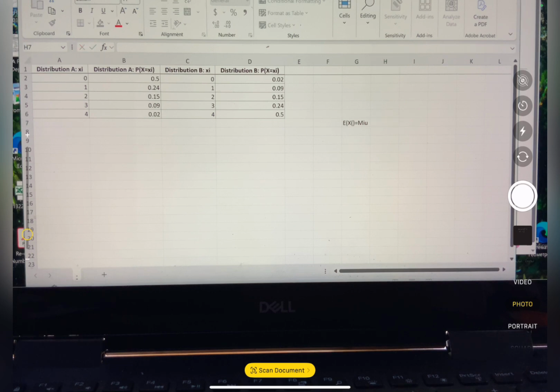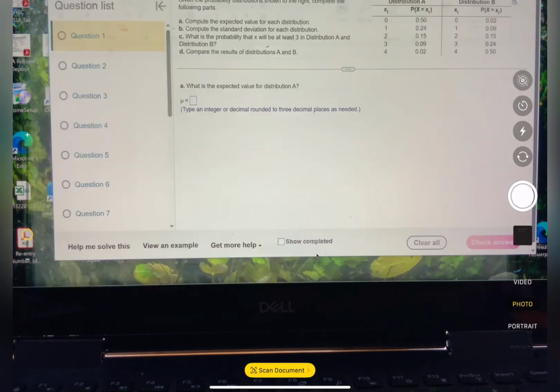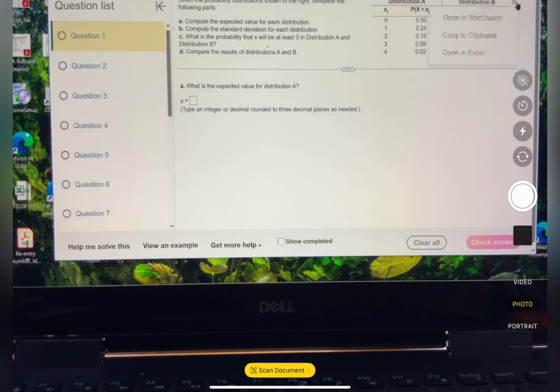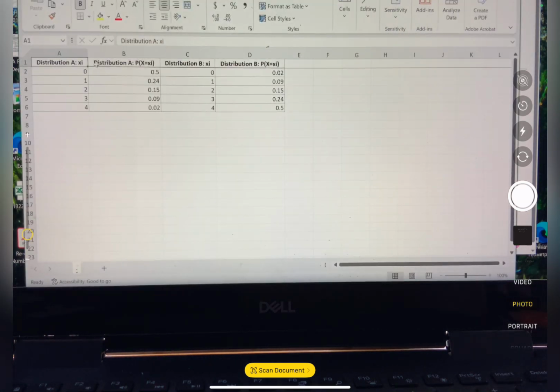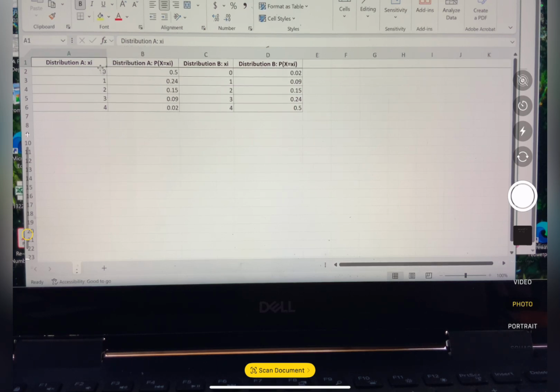Let me shut down and open again. Seems to me it transferred to Excel wrong. Okay, distribution A, it's x, distribution A probability, and then distribution B x, and distribution B probability.